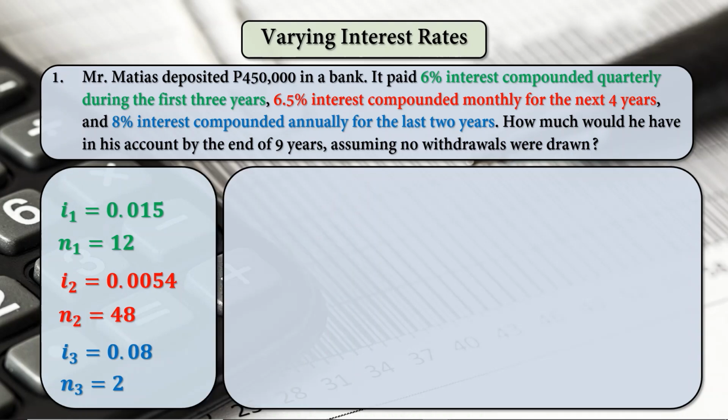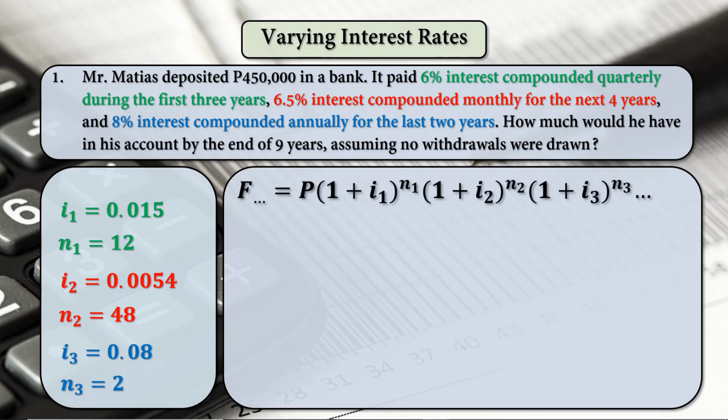So, in substitution for our formula, magagamit natin yung binigay kong formula kanina para sa tatlong sets ng varying interest rates. So, substitute natin since kompleto na tayo sa values.